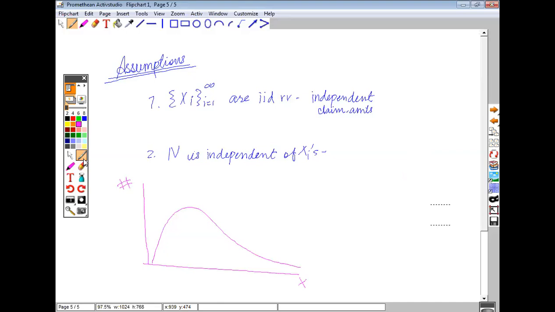The thing that I was hinting at is that if you have your number of claims independent of the size of the claims, then the distribution does not change throughout the year. So that is what it says.